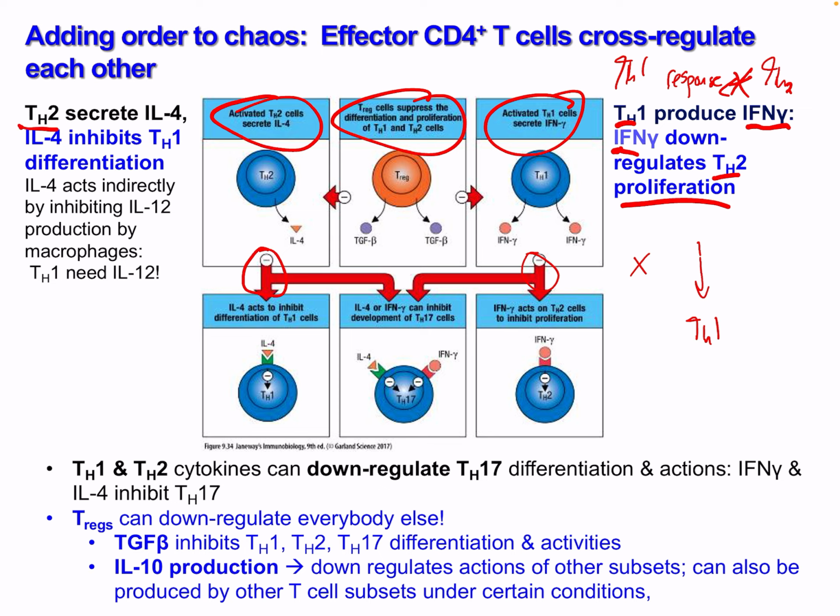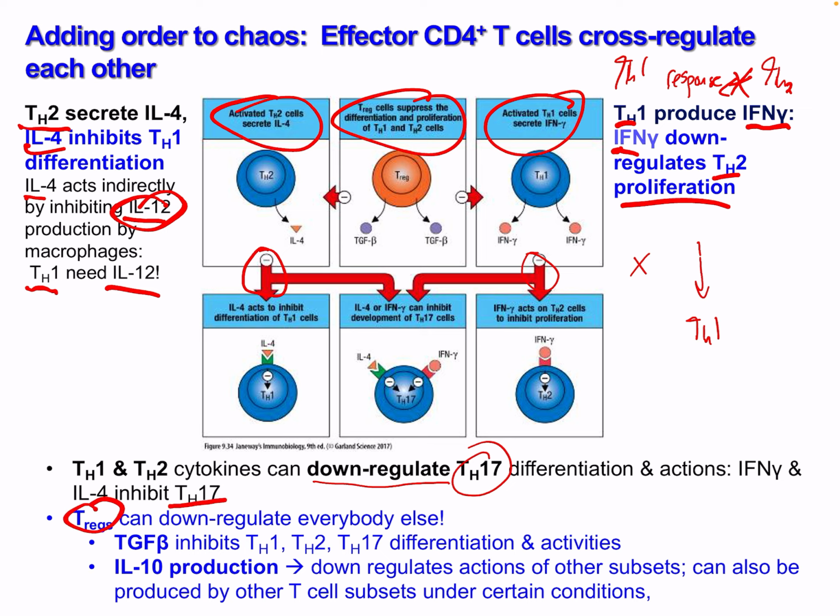And when Th2 secretes IL-4, this IL-4 inhibits Th1 differentiation. IL-4 acts indirectly by blocking IL-12 production by macrophages, and this is important because IL-12 is one of the cytokines needed to go down the Th1 response. Th1 and Th2 cytokines can also downregulate Th17 differentiation and actions through interferon gamma and IL-4, which inhibit Th17.